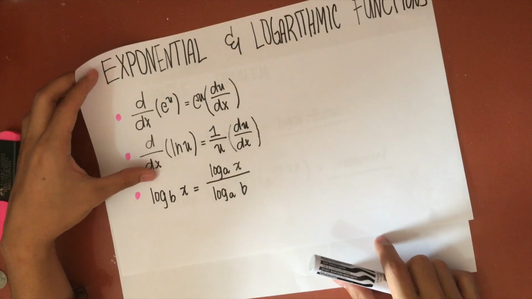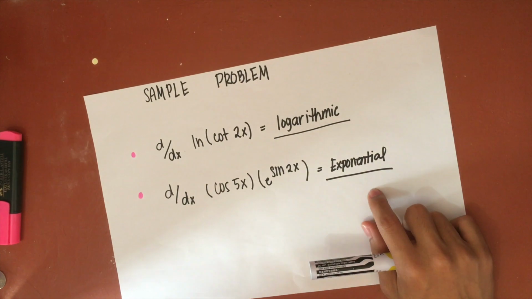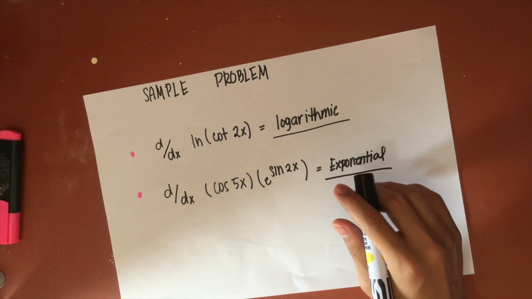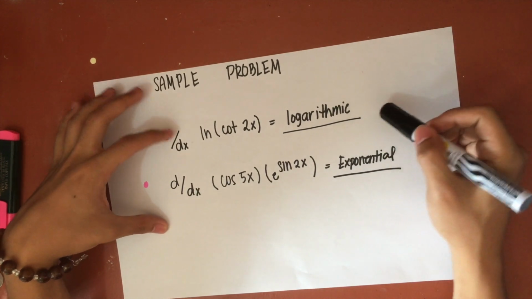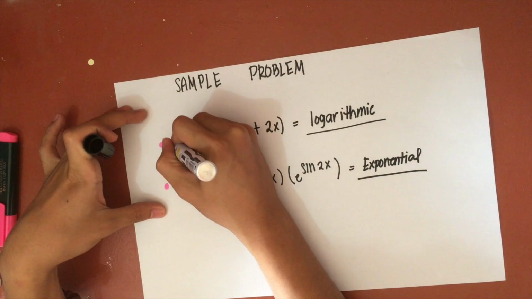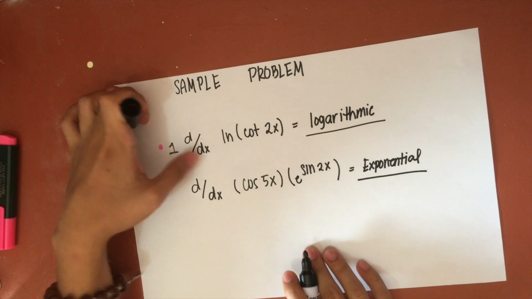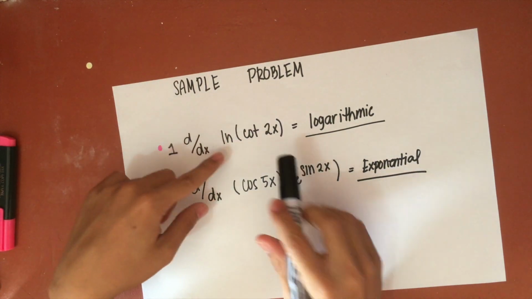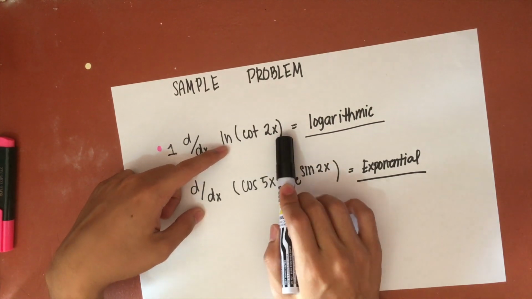Now, don't worry, I also have a sample problem here to show you how to solve a logarithmic exponential function problem. Problem 1: d/dx of ln cotangent 2x.